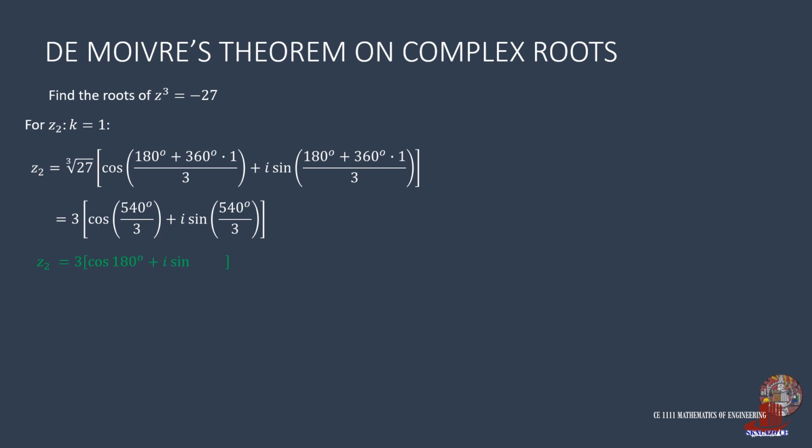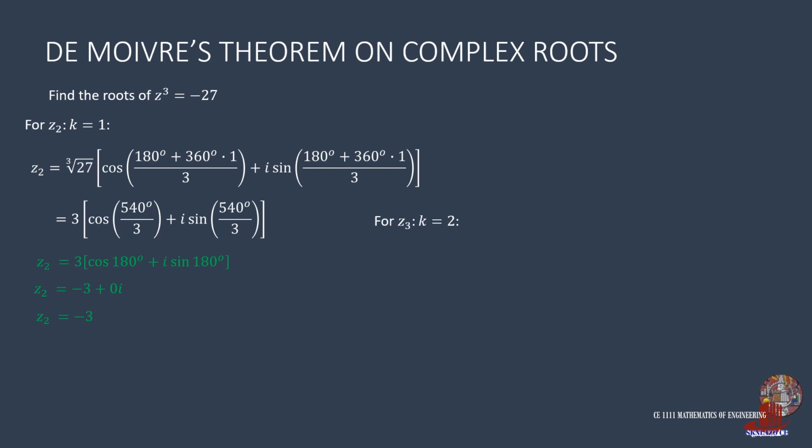The equation then turns into 3 cosine of 180 plus I sine of 180 degrees. In rectangular form, 3 cosine of 180 gives negative 3, and 3 sine of 180 is 0. So Z2 is just negative 3.